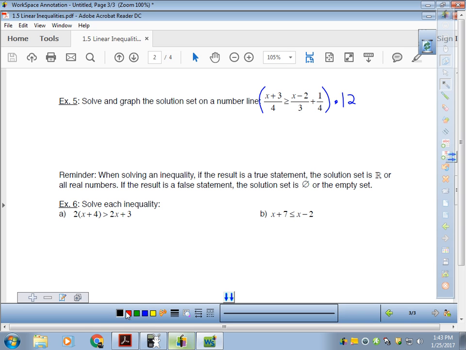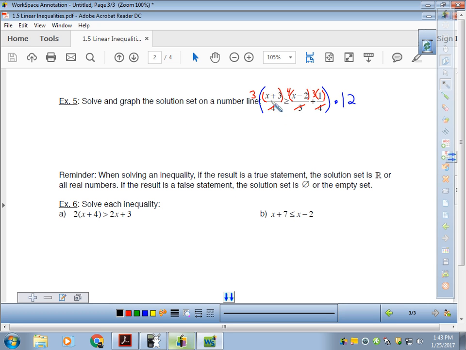When I do that, this 4 could cancel with the 12 and we would still have a 3 left behind. This 3 could cancel with the 12 and we'd still have a 4 left behind. And then that 4 could cancel with it and leave a 3 behind. So we're multiplying 12 to all of these things and simplifying.